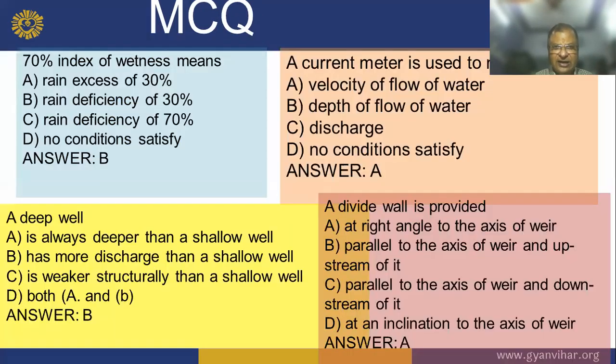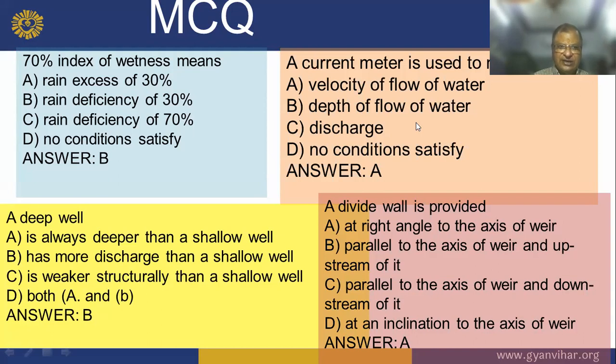Good. And next question, 70% index of the normal mean. What is the meaning? Yes, it is the correct answer, and correct answer is B, rain deficiency of 30%.